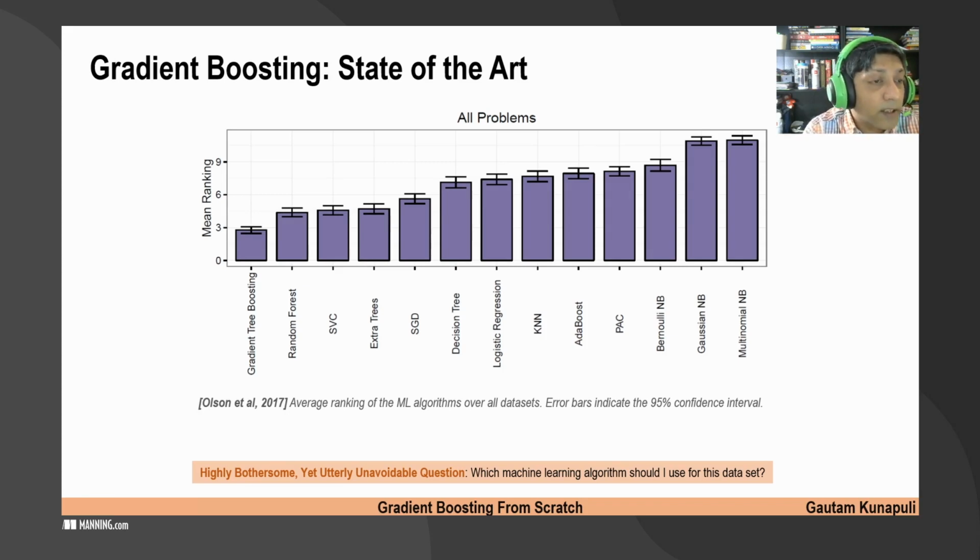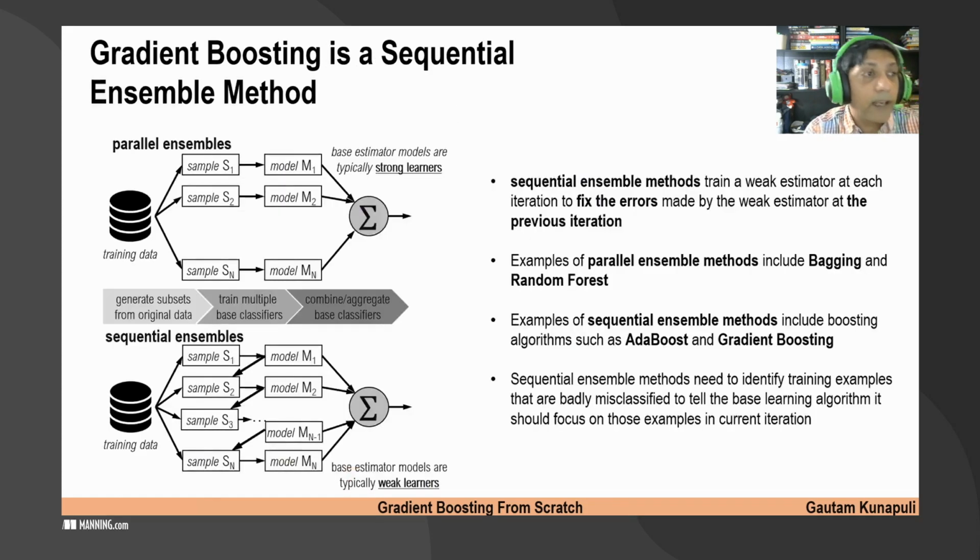And up there are several other ensemble methods such as random forests and extra trees, and AdaBoost somewhat fallen behind. And so this kind of gives us a way to answer this highly bothersome yet utterly unavoidable question: which machine learning algorithm should I use for my data set? And all of this seems to suggest that gradient boosting is where we want to go. And this kind of sets up our motivation for looking at gradient boosting today, right?